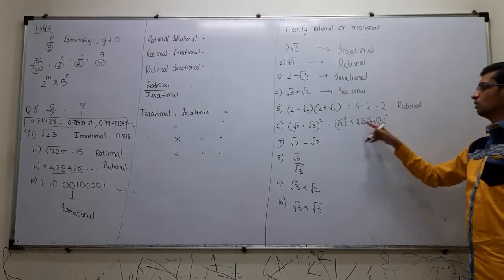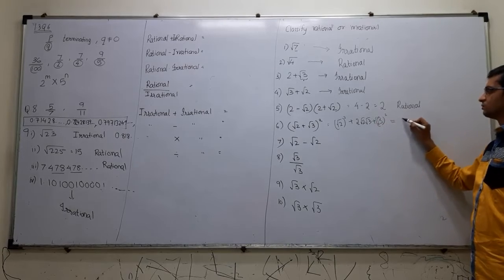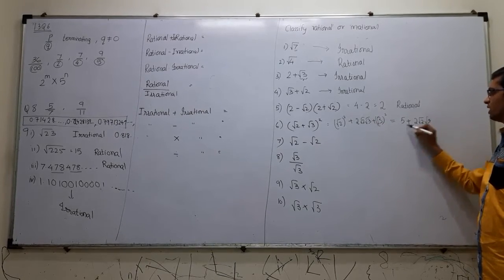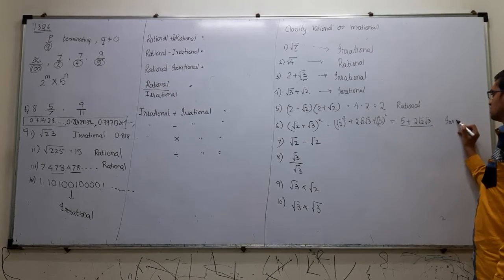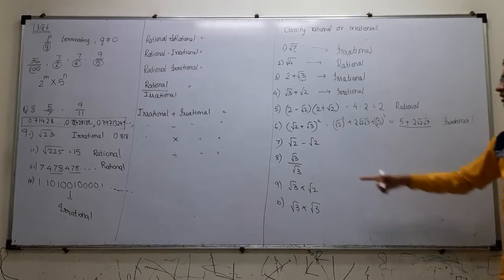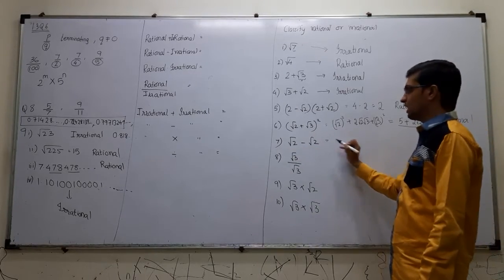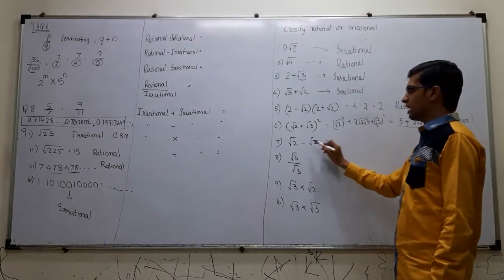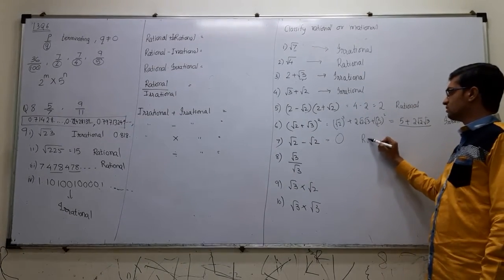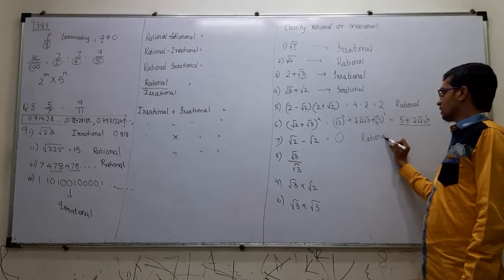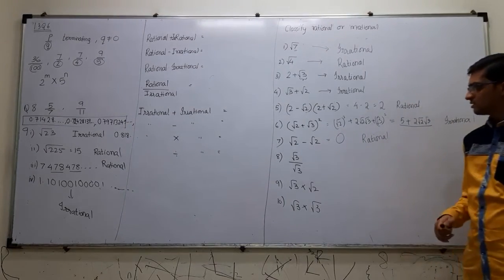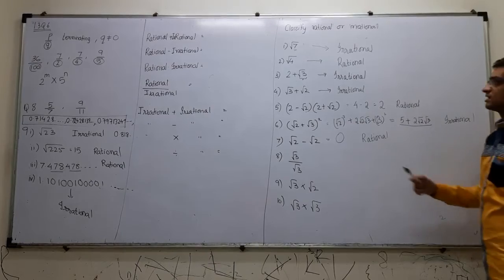This will become 2, this will become 3, that is 5 plus 2 times root 2 into root 3. Again this is an irrational number. Okay? Now if I talk about this, what will I get? Since both the numbers are the same and there is a minus sign, the answer will be 0. So it is rational.